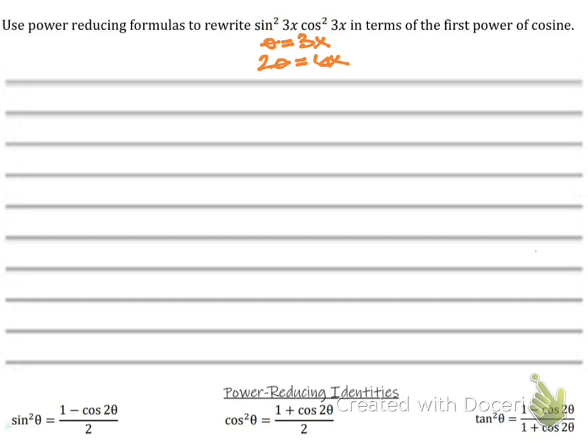So for the sine, we are going to have 1 minus the cosine of 6x over 2. And for the cosine, we are going to have 1 plus the cosine of 6x all over 2.